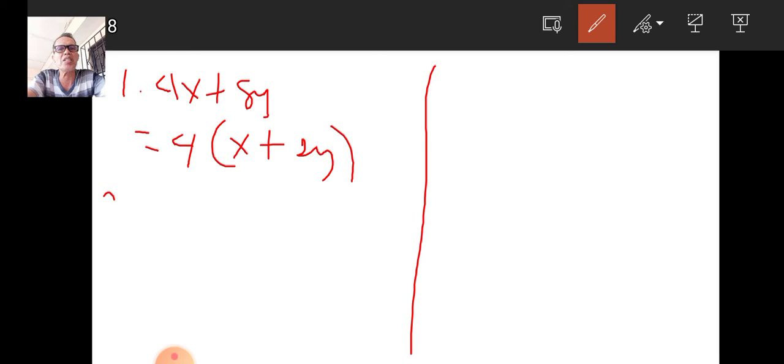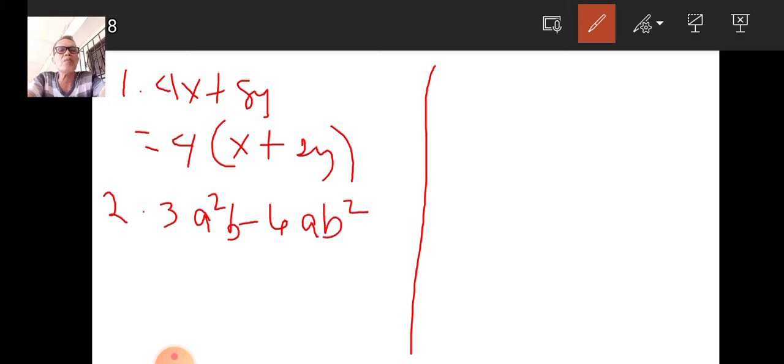Another example, for example, you have 3a squared b minus 6ab squared. The common factor of 3 and 6 is 3.